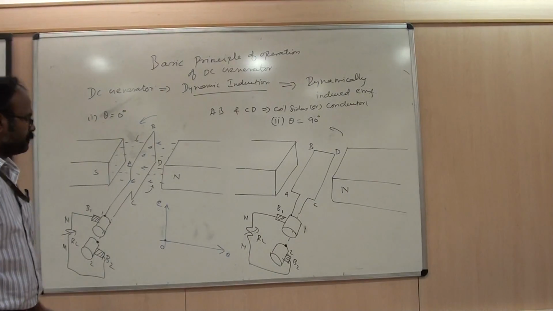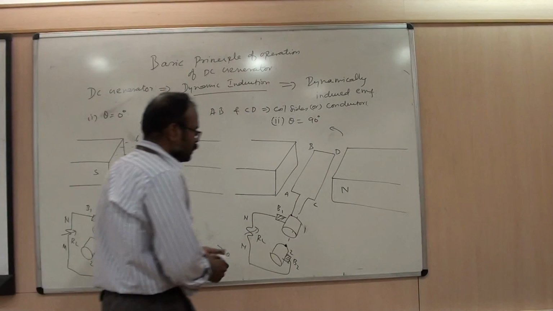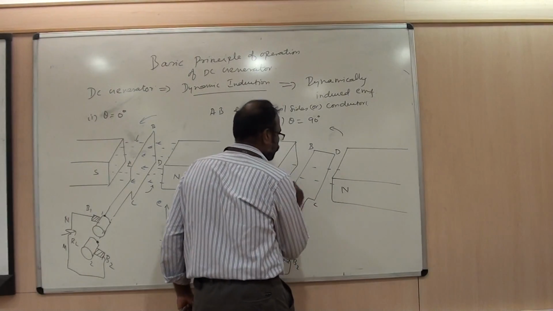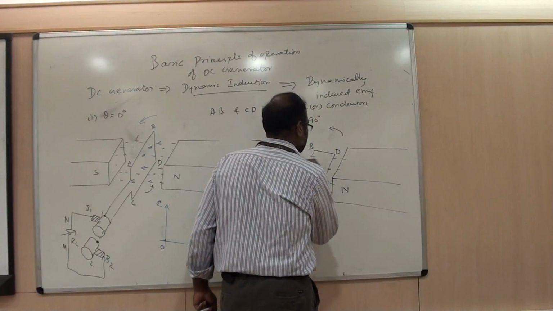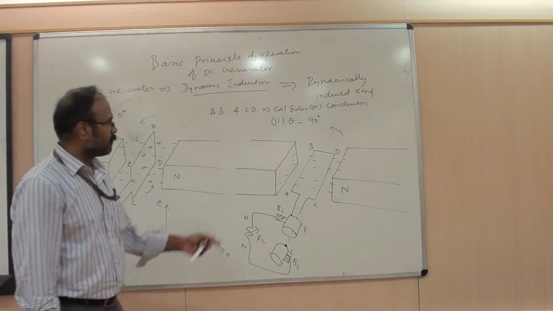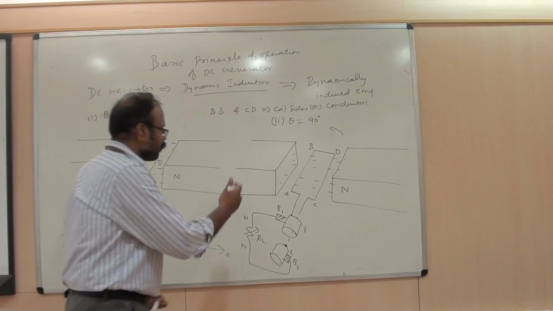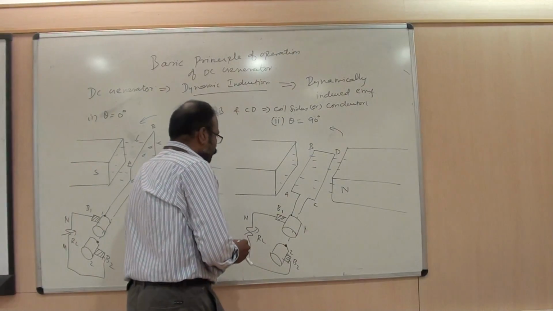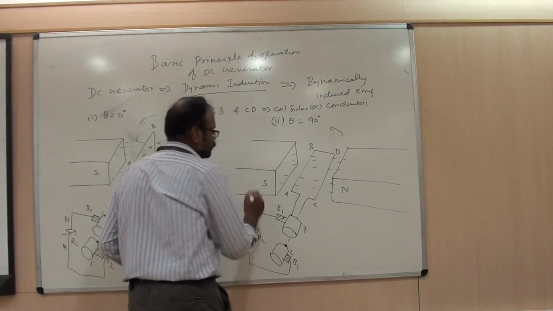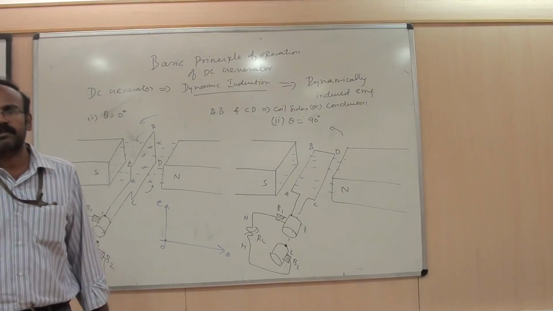External load. Now if you see the position of your coil with respect to the flux lines, or with respect to the poles, the plane of the coil is just perpendicular to the plane of the poles. Thereby, the total flux linkage with the coil is less, but the change in the flux is very high.